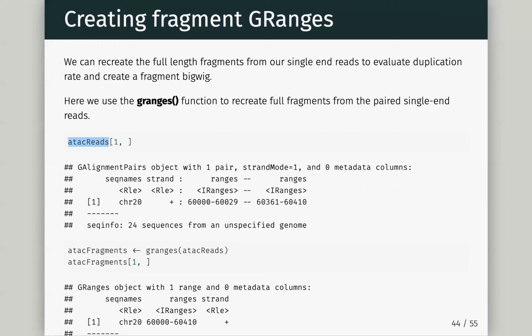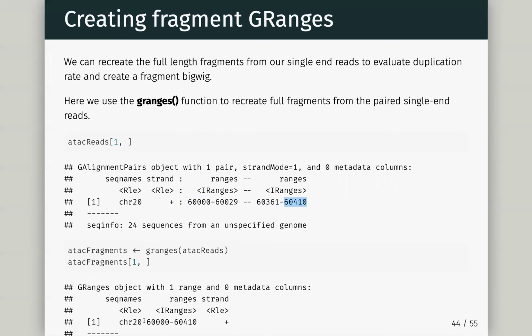If we look at one row, we can see we have 2 ranges. A little trick I can do with GA alignment pairs is if I apply the granges function to that pair, you can see what it does is actually collapse it back down to a fragment. So if this is read 1, and this is read 2, when I say granges, it actually goes from the beginning of read 1 to the end of read 2.